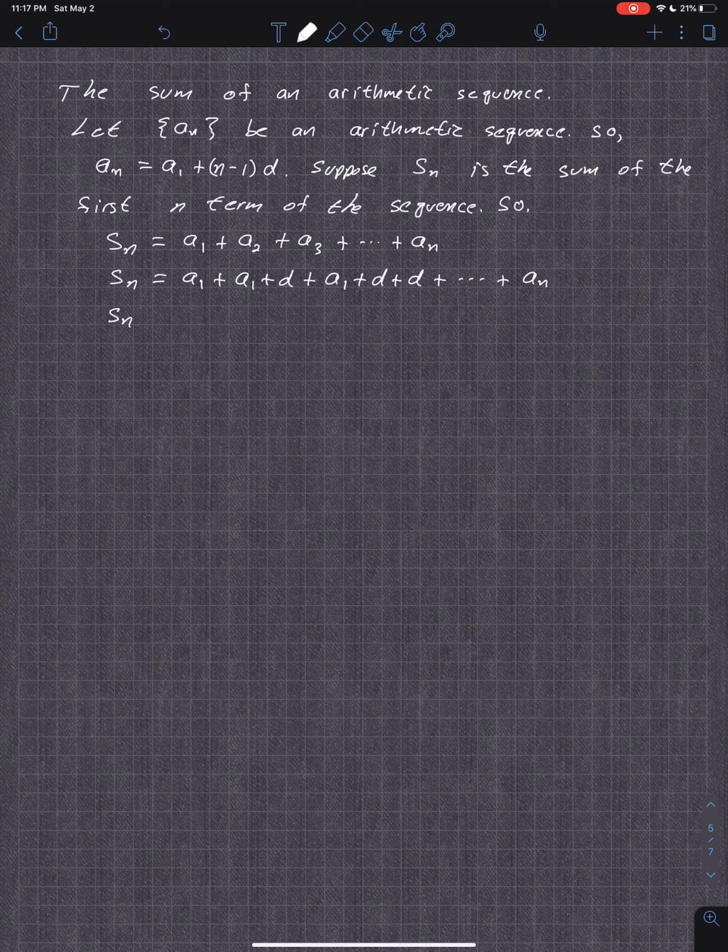We're going to flip it around. Now go start with a sub n, and then write the previous term. So the previous term is basically a sub n minus d plus a sub n minus 2d.